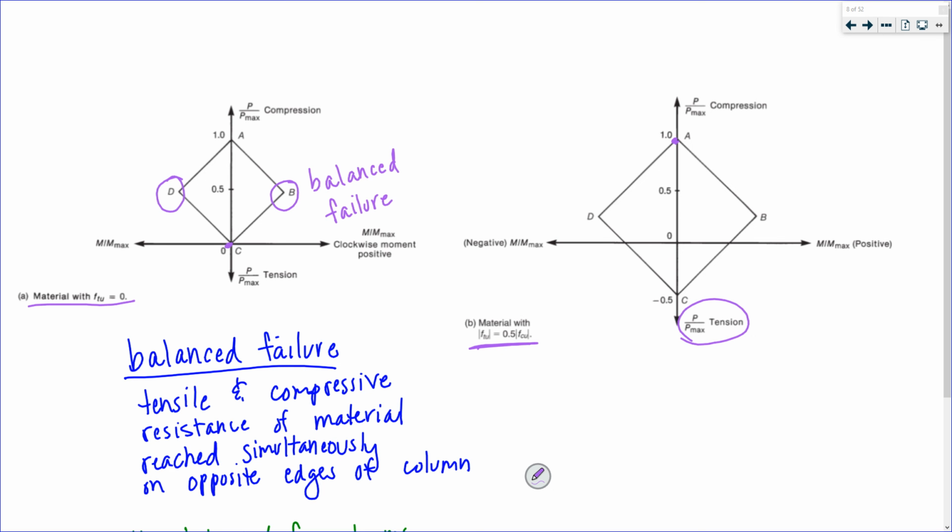But only half the same. It has half the capacity in tension that it does in compression, is what this is saying. When we had no tensile strength, we had to move that to 0. When the tensile strength is half the compression, we can have half the capacity. 1 and 0.5.